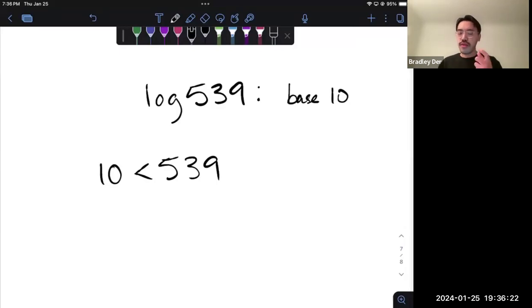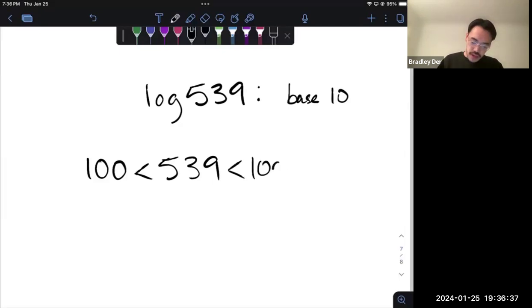I want the closest power of 10 that would be less than 539, and I think that would be 100. 100 is definitely less than 539. Another power of 10 past 100 would be 1000, which is greater than 539. There really aren't any other powers of 10 closer to 539 than 100 and 1000.